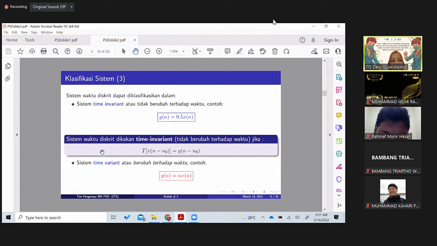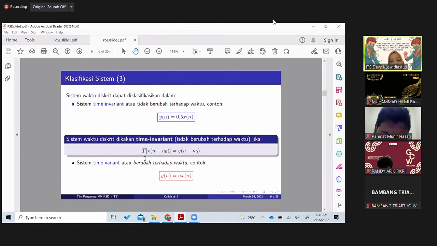The condition for the system to be called time invariant is that if we do a transformation of an input xn at a certain time n0, or you could say a shifted version of xn, delayed by n0 samples of xn, then the output would also equal the shifted version of yn.